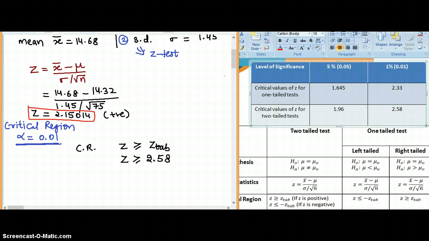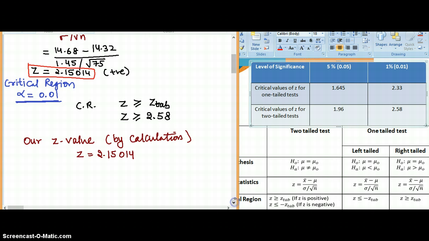Now, if we check our Z value that we calculated, this value comes out to be 2.15014, and this value is less than 2.58.